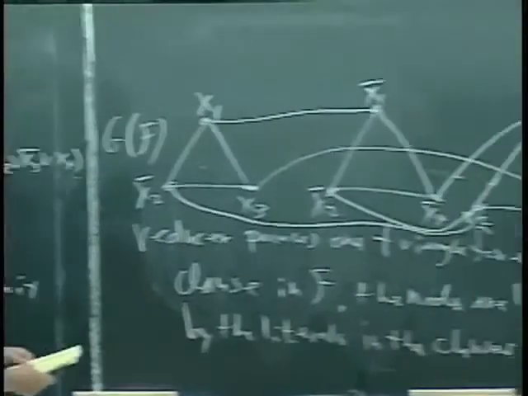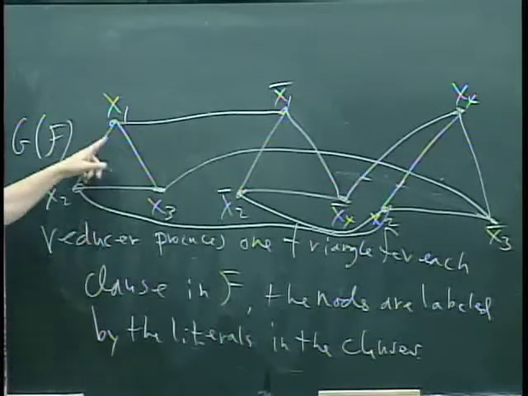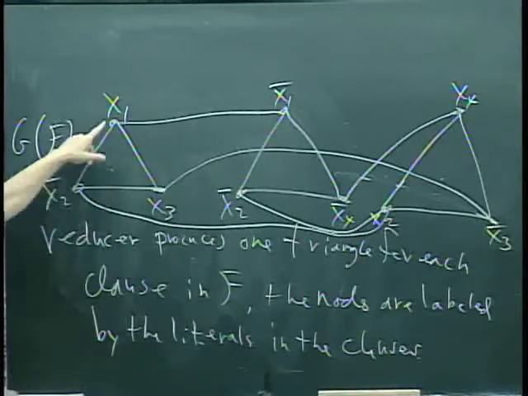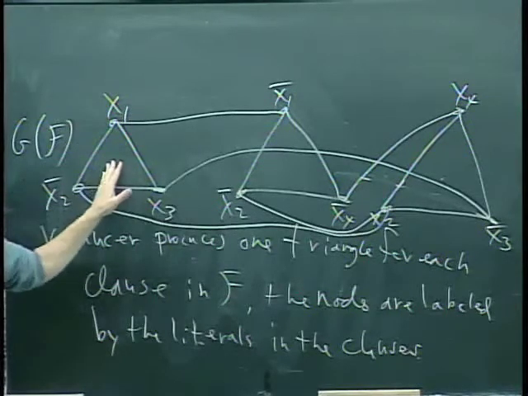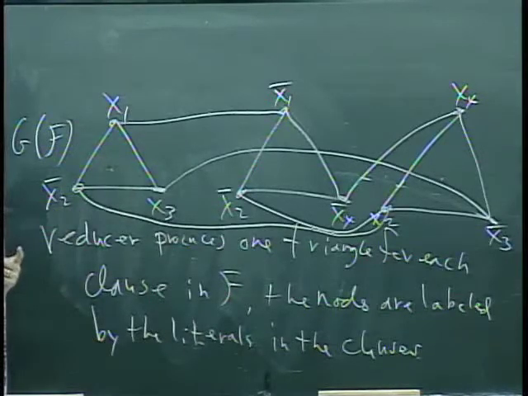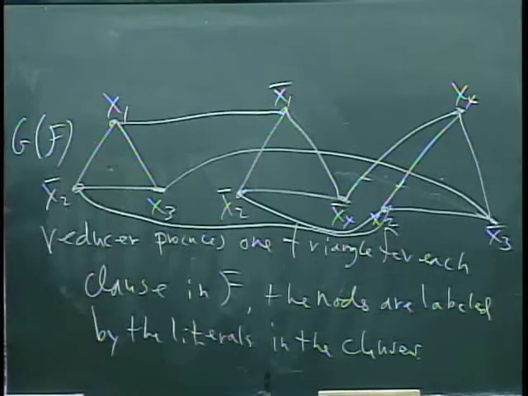Okay, just one observation before we get into the actual proof. In an independent set, you can only take at most one node from any one of the triangles, right? Remember, the definition of an independent set is that it's a subset of nodes such that no two of those nodes are adjacent. So in the triangle, you can certainly only take one of those nodes.